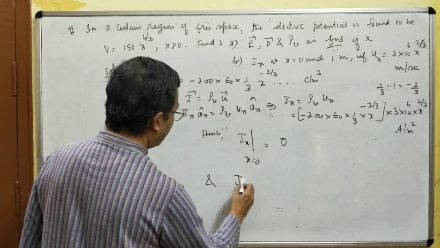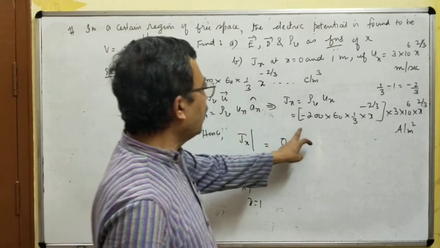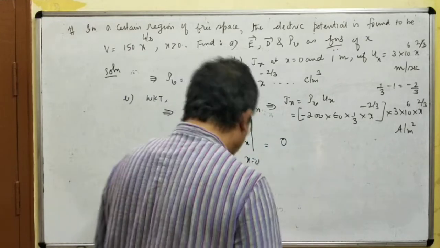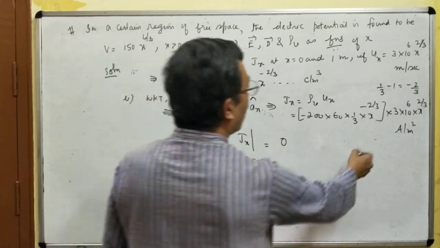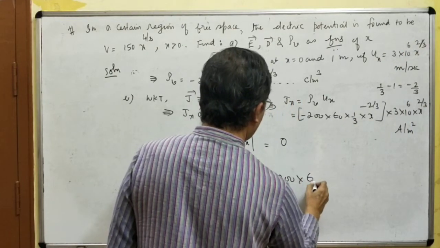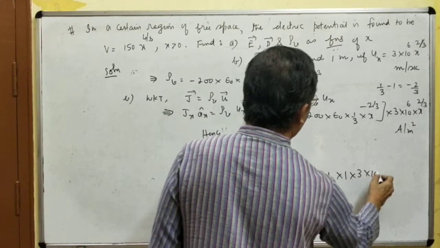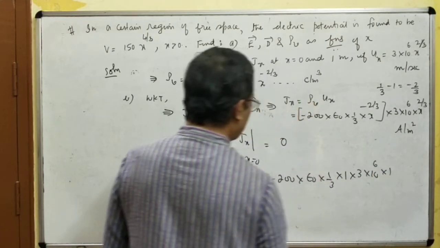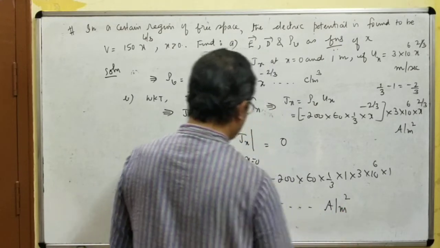And Jx at x equal to 1 meter: in this expression you put x equal to 1. 1 to the power anything is 1. So you get minus 200 into epsilon naught into 1 by 3 into 1, into 3 into 10 to the power 6 into 1. So this is the expression for Jx at x equal to 1 meter.